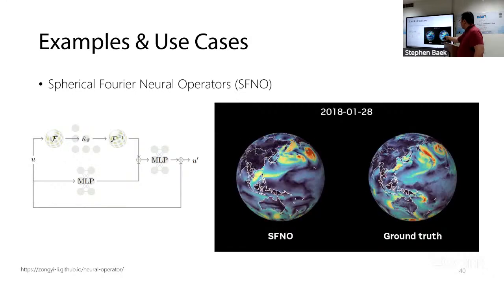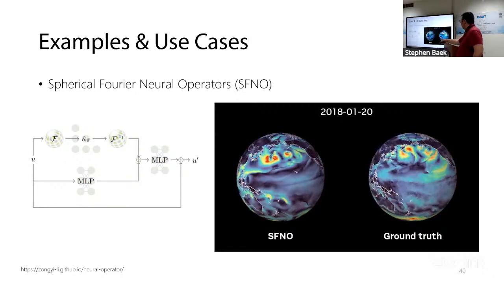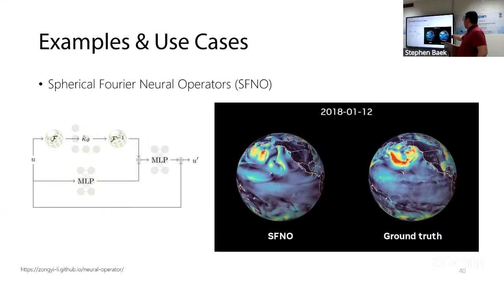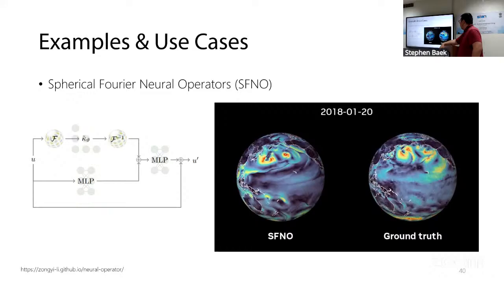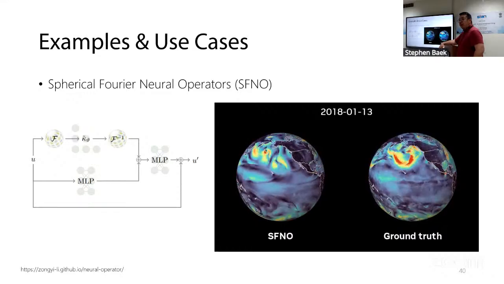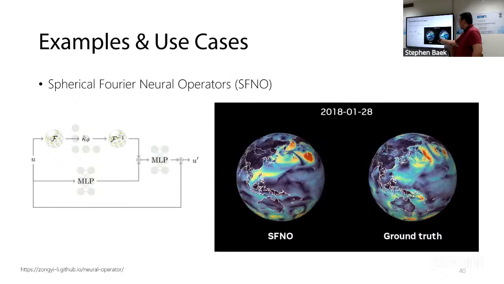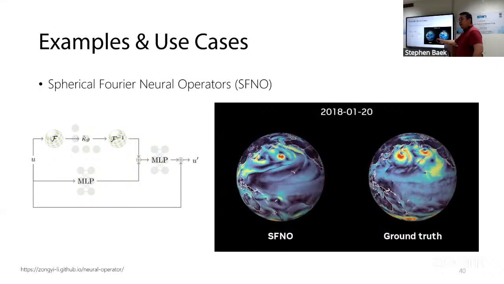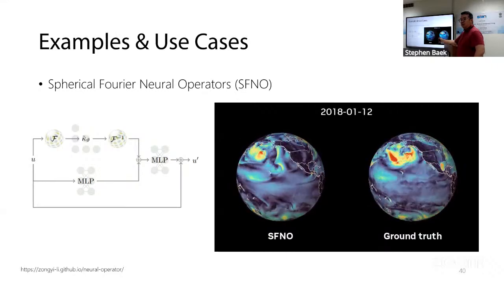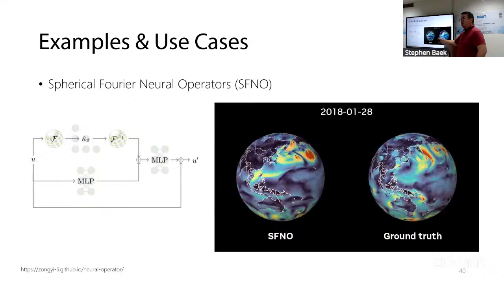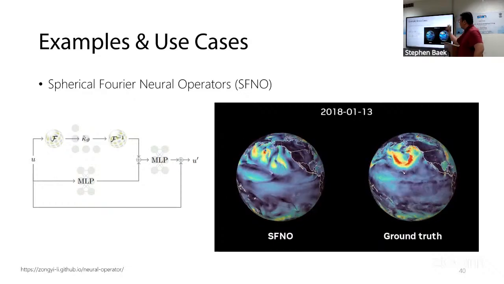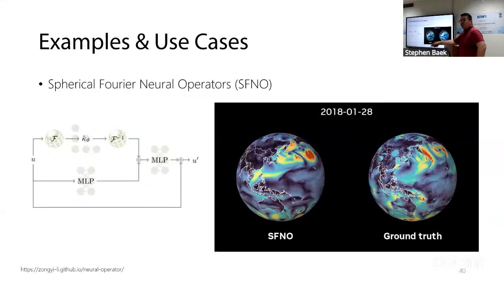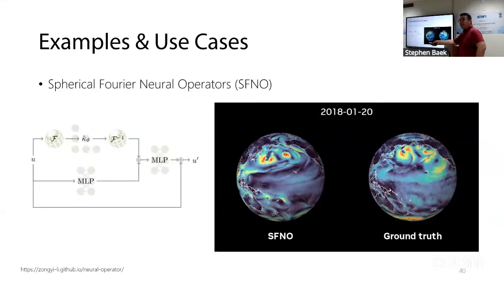You can see that because of the wind and the water current, the temperature field changes. Obviously, once you train the Fourier neural operator this way, then for any given initial condition, any given snapshot of the temperature field on the Earth's surface, you'll be able to predict the future state. That's the promise here.